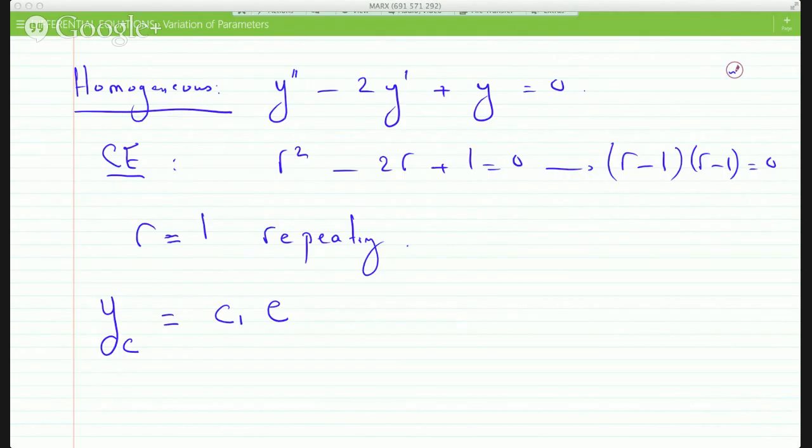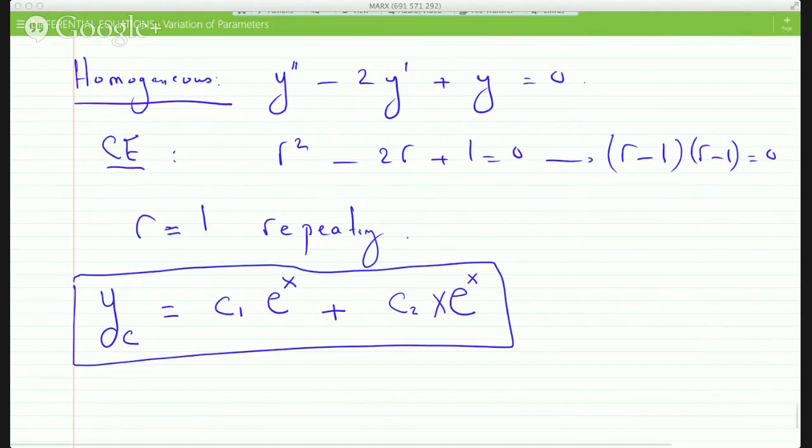If it was minus, you can factor it. Oh yeah. Yeah, r minus 1 times r minus 1. So the roots are 1. So y equals c1 e to the x plus c2 x e to the x, because it's repeating. So that's y complementary.